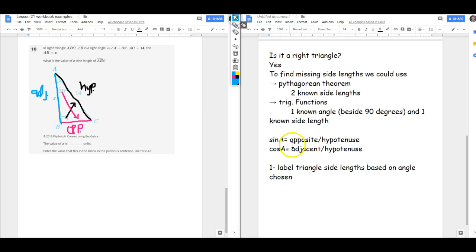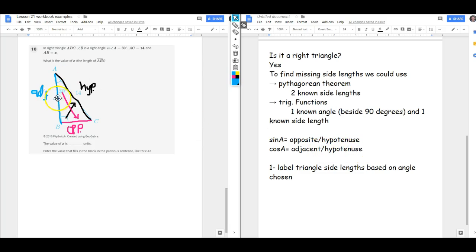So now I go through here in my head and I say, okay, if I have to find the value of X, and X is the adjacent side length, which trig function has adjacent side length in it? Because I have to find the value of X. So sine of angle A is equal to the opposite over the hypotenuse. That did not have the adjacent side length in it, so I'm not going to use sine of angle A. Cosine of angle A is equal to the adjacent side length divided by the hypotenuse.